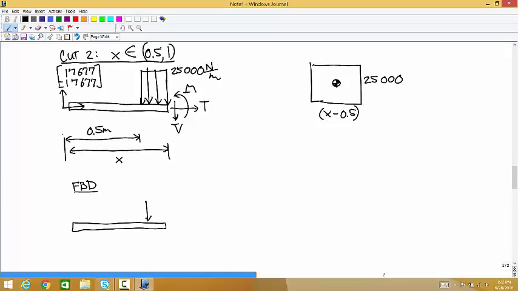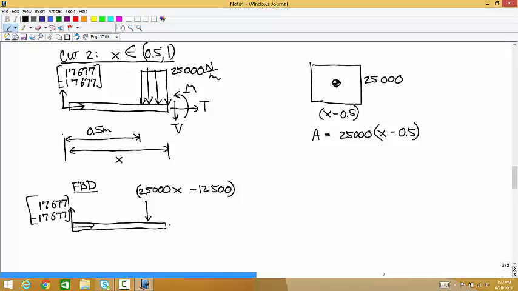Okay, so we have a downward force, so the total force is equal to 25,000 times the quantity x minus 0.5. So I'll write that as 25,000x minus 12,500. We have the point force over here. And then T, V, M.